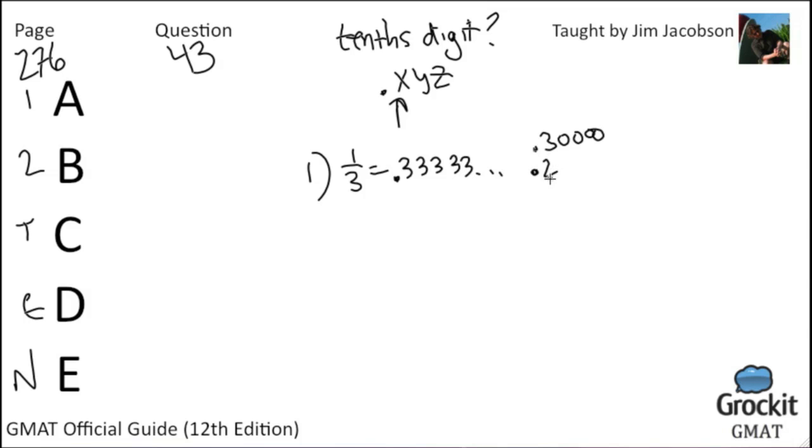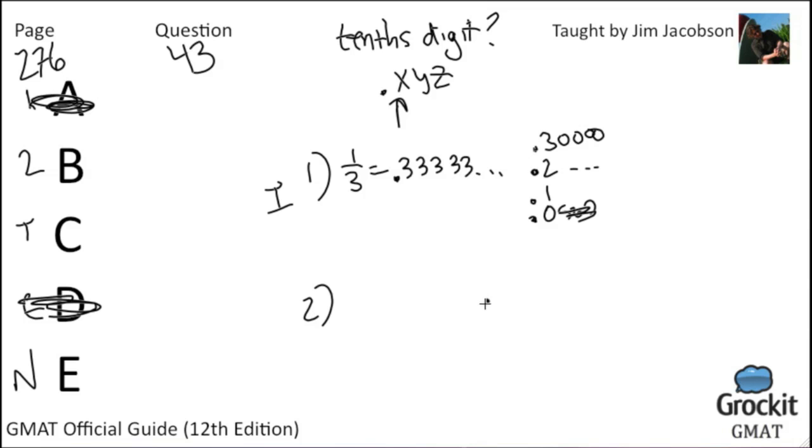It could also start with 0.2 something, 0.1, or 0.0, 5, 6, 7, who knows. So there are 4 different tenths digits that are possible for a number with a decimal representation less than that of 1/3. We need a single value for the tenths digit, so this is not going to be sufficient for our purposes. It's not A and it's not D.